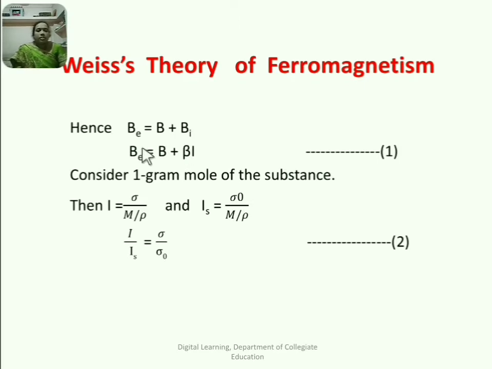Then the above equation becomes Be equal to B plus beta I. In place of Bi, we are substituting beta I. Students, here we are considering 1 gram mole of the substance. Then intensity of magnetization I is equal to sigma divided by m by rho, and the saturated value of intensity of magnetization Is is equal to sigma naught divided by m by rho.